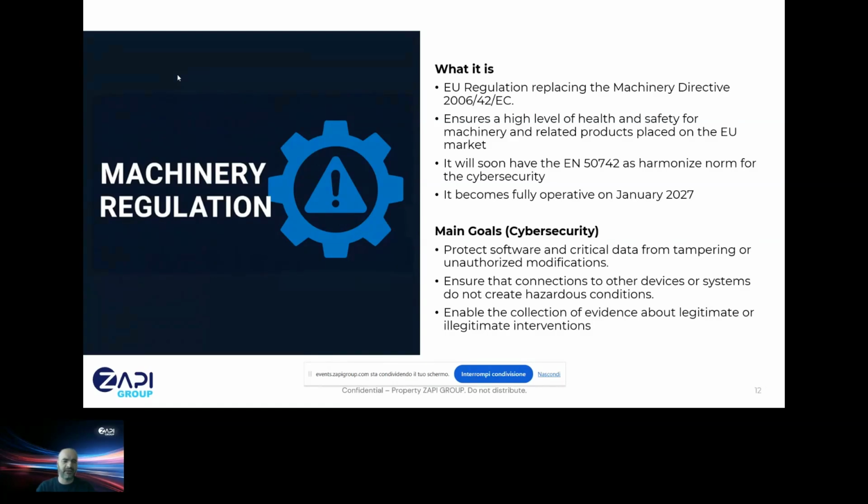An advantage of the machinery regulation compared to the CRA is that the machinery regulation has a harmonized norm dedicated to cybersecurity that will be released in its final version in the next months. The disadvantage instead is that the deadline of the machinery regulation is January 2027, which is 11 months before the Cyber Resilience Act.